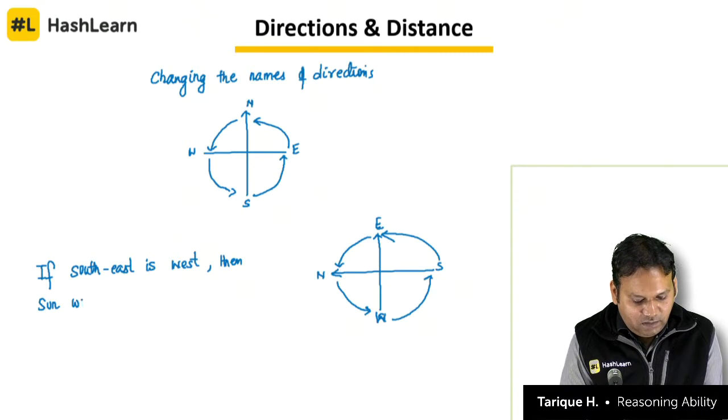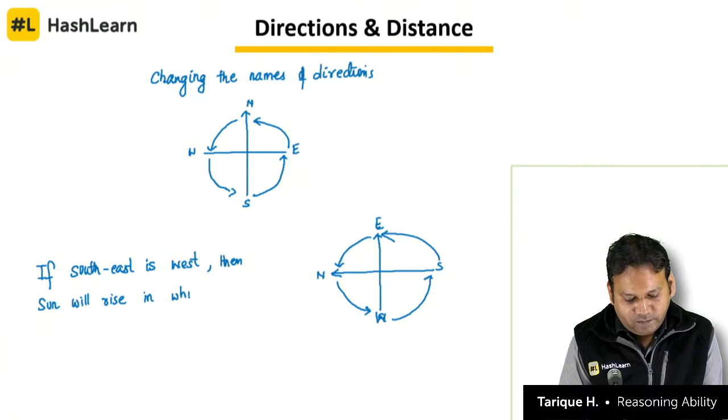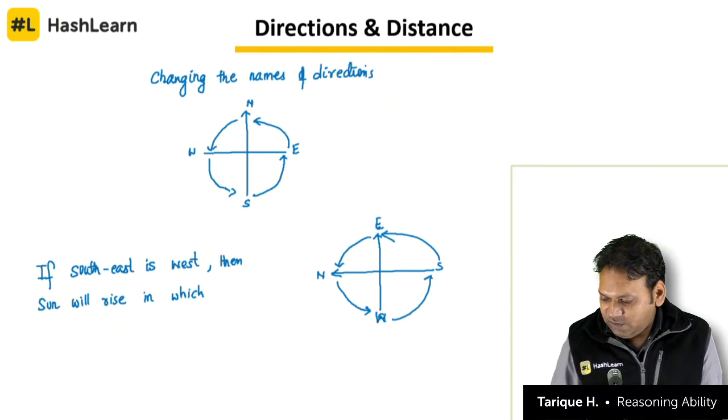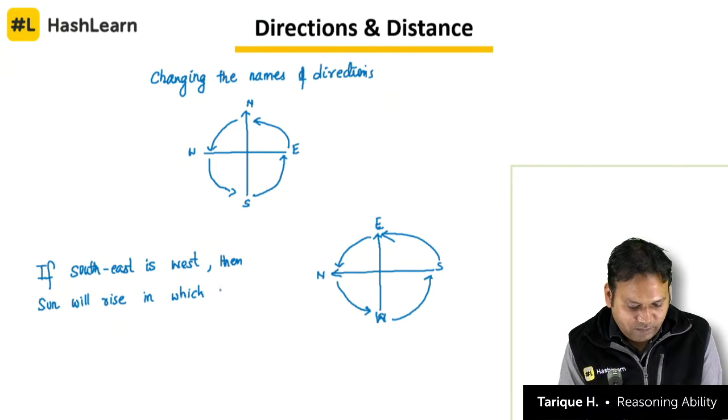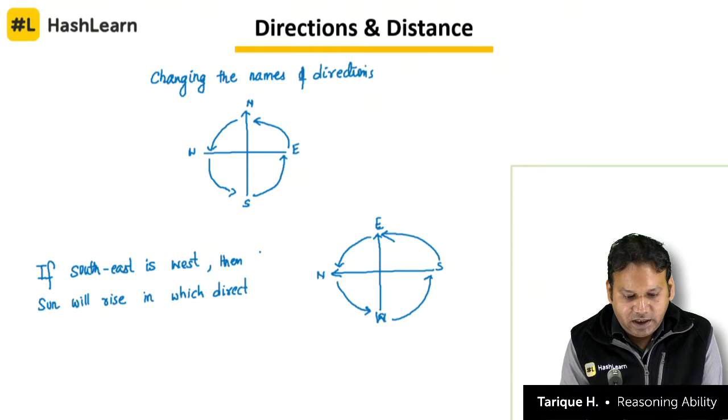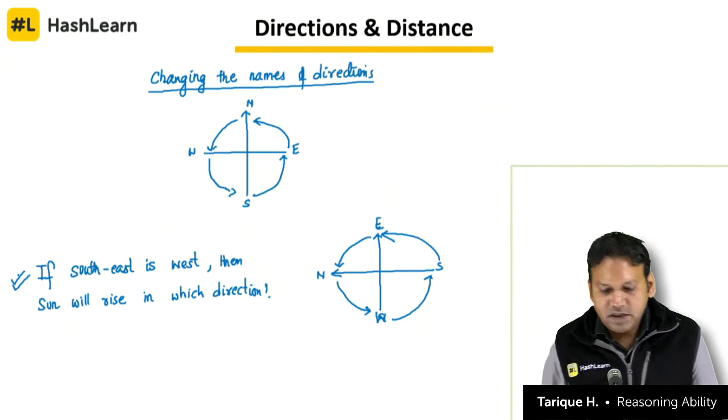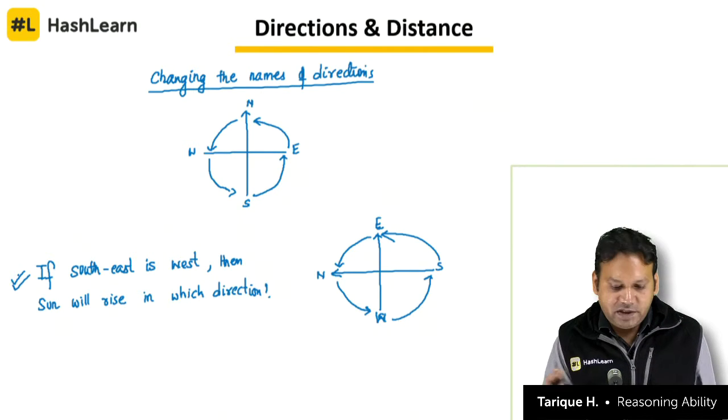Sun will rise in which direction? Now sun will always rise from the east, but what we are doing here is changing the name of directions. Okay, let's see this question. If southeast is west, sun will rise in which direction?